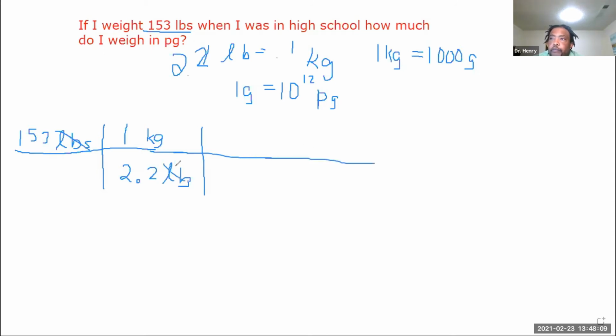Okay, so we have pounds canceling out. How many kilograms? 1 kilogram to 1,000 grams. And for 1 gram, we have 10 to the 12 picograms.